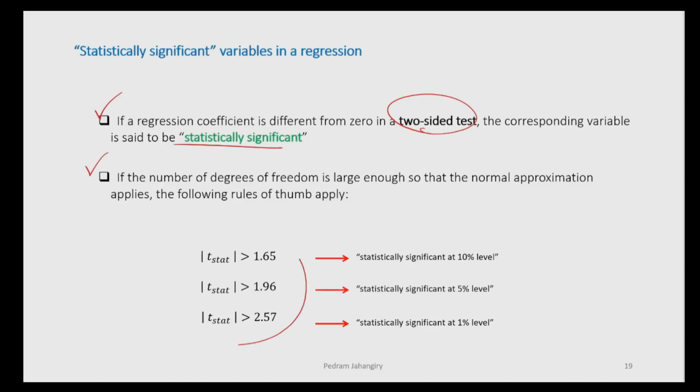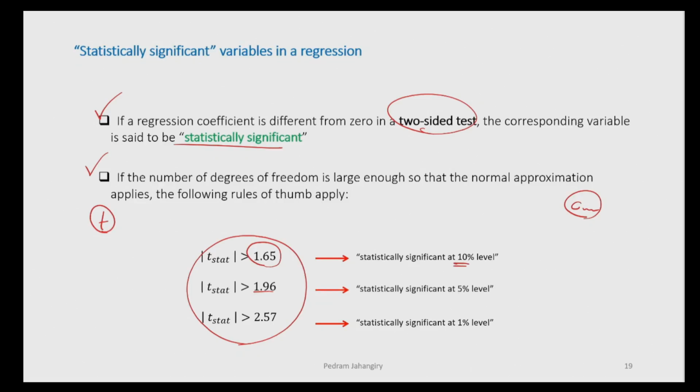You don't need to memorize them, but the more you practice them, the easier it becomes. If your sample size is large enough, you don't need to calculate the critical values and so on. If the sample size is large enough, you look at your t-stat. If the t-stat is greater than 1.65, your coefficient is statistically significant at 10%.